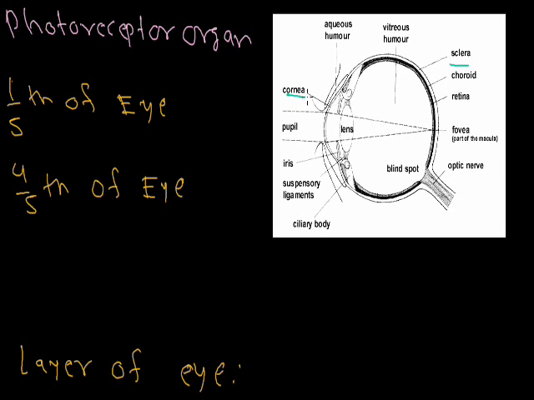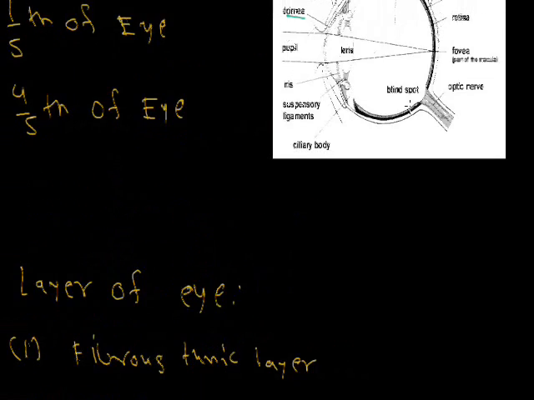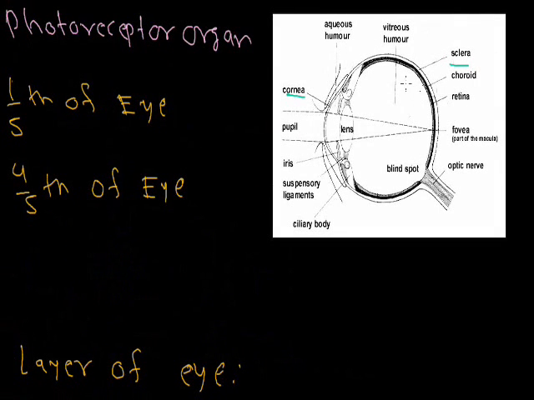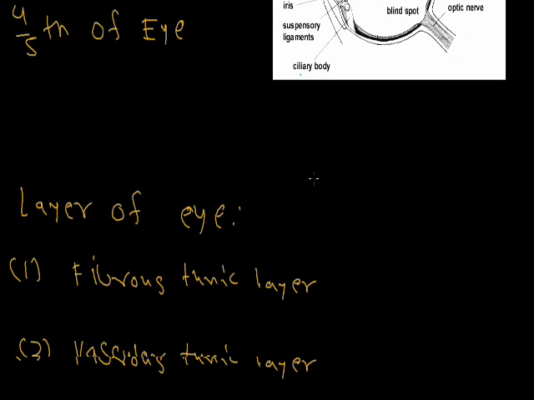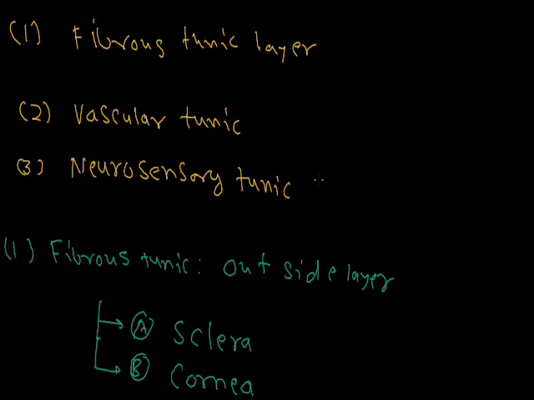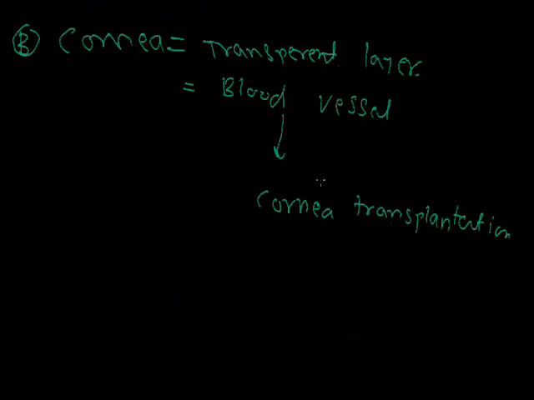The second layer is the vascular tunic layer. The vascular tunic layer has the choroid, ciliary body and iris, and it has blood vessels.